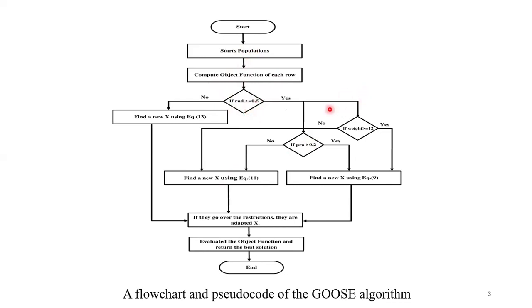If yes, it goes this way, and there's also the weight of the stone. If it is greater than or equal to 12, then go this way and execute equation 9. If no, you go leftmost and execute equations 13 and 11, and we'll come to them one by one through our case study.